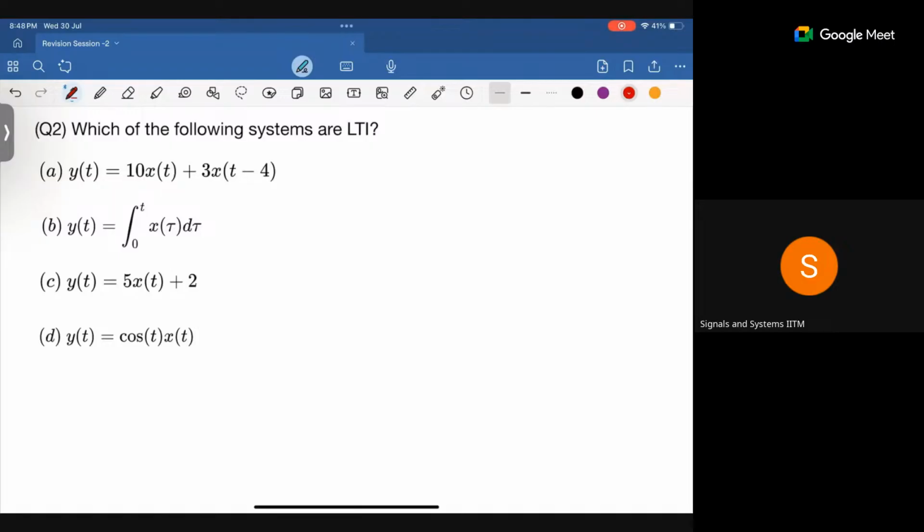We'll quickly go through this. So if we are clear, we will quickly move on. All right. So let's solve the first one. Is it linear?